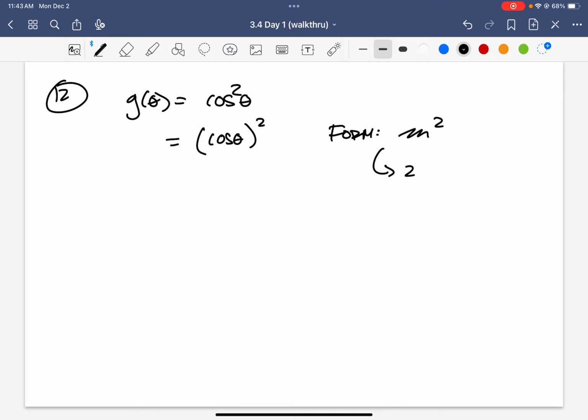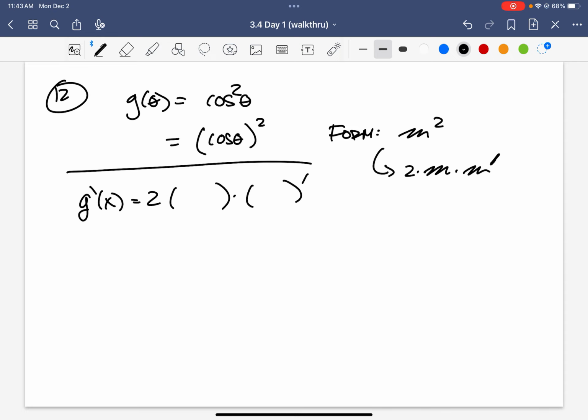Its derivative is going to be 2 stuff to the first times the derivative of that stuff. So this derivative is going to be 2, leave the inside alone, times the derivative of the inside. The derivative of cosine is negative sine, so my derivative is going to be negative 2 cosine theta sine theta.